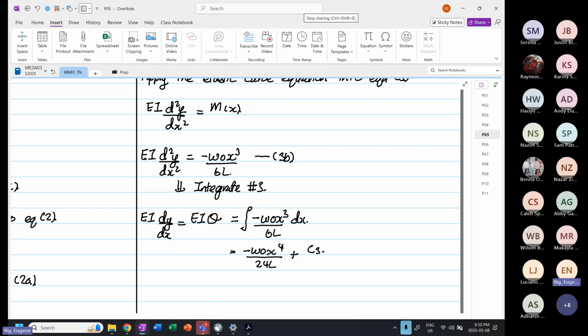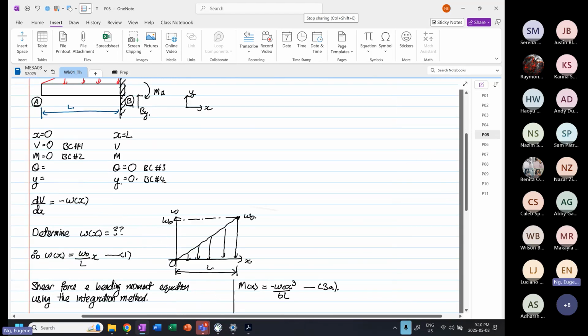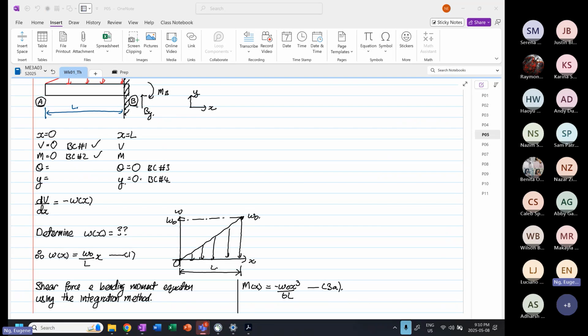plus C3. Okay. Now let's go back to our boundary condition, right? So we have used our boundary condition number 1. We also have used our boundary condition number 2. And now we are going to apply both our boundary condition number 3 and also boundary condition number 4.